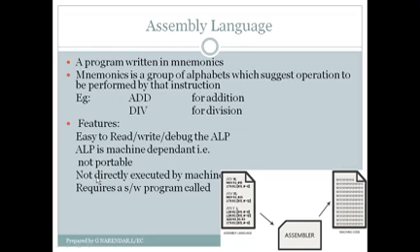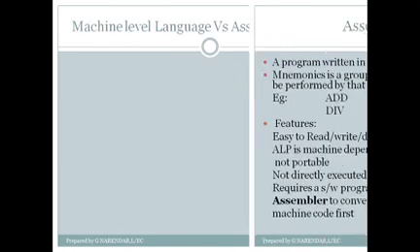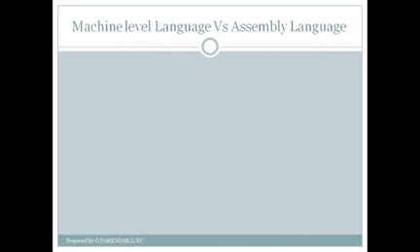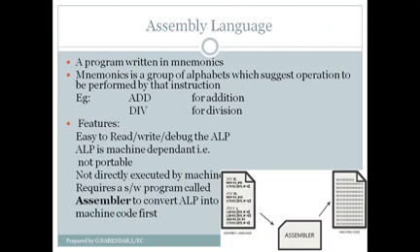That is what we have given here: not directly executed, but requires a software program called an assembler to convert the assembly language program into machine code first. So this is about assembly language, how instructions look when written in it, what difficulties are faced, and what is required to overcome them.